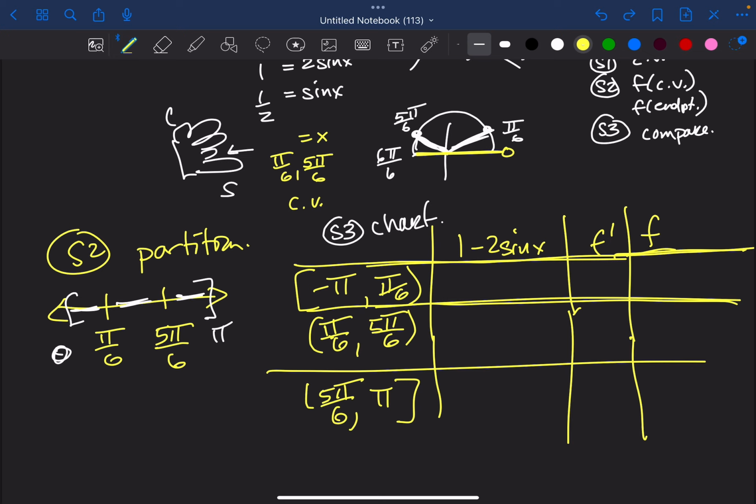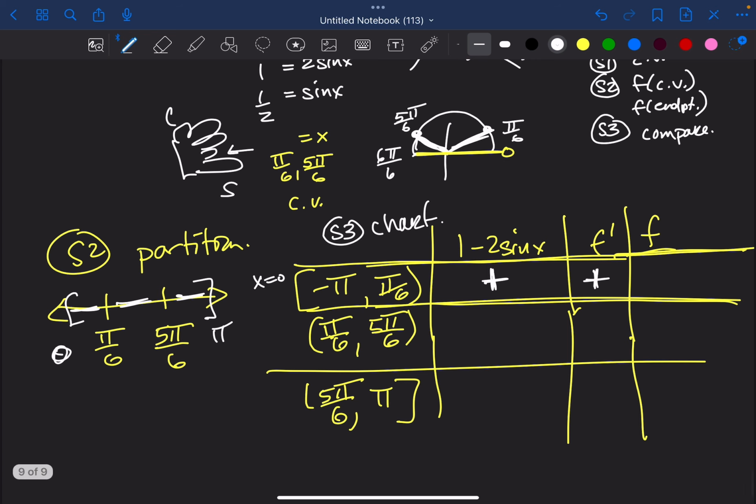So let's see. It turns out that if you plug in a value inside of this interval from negative pi to pi over 6, well, what's a value in there? Let's do x is equal to 0. Well, I know that the sine of 0 is 0, so this is going to be positive, which means that the derivative is positive.